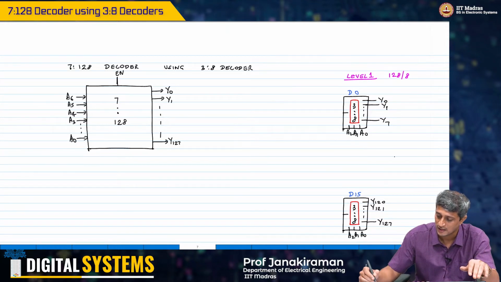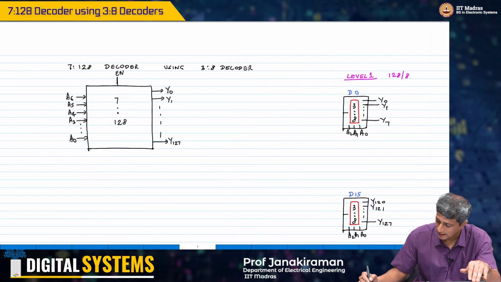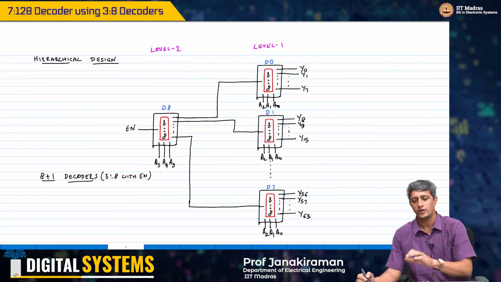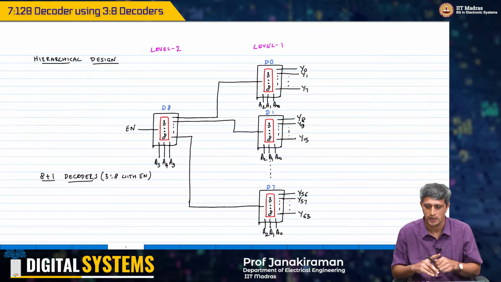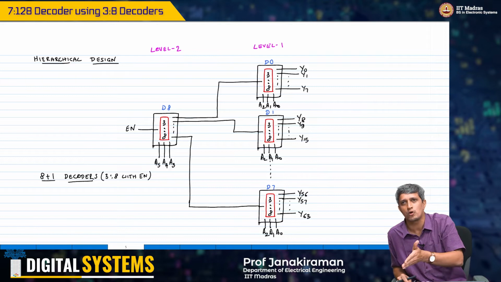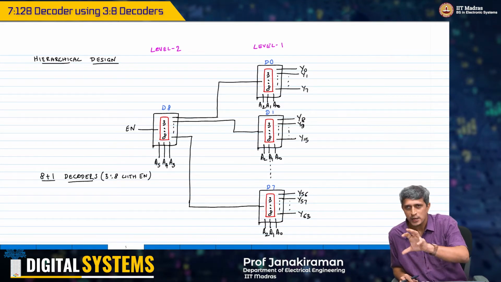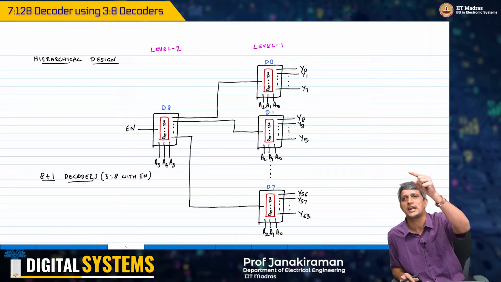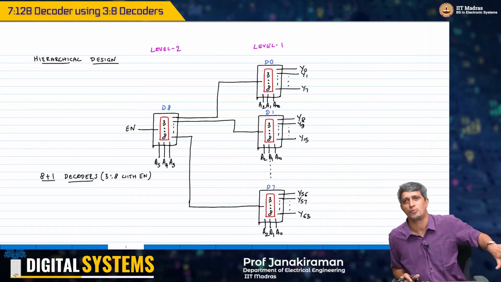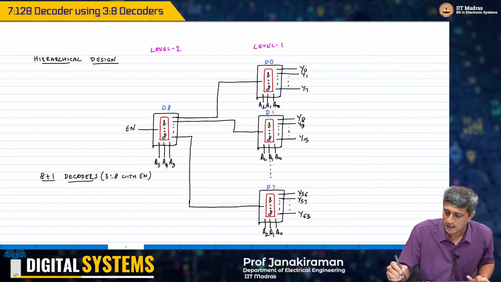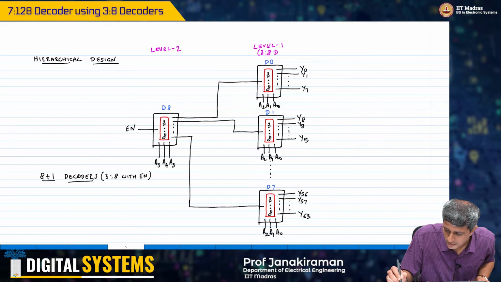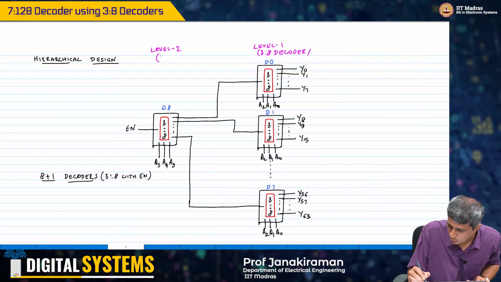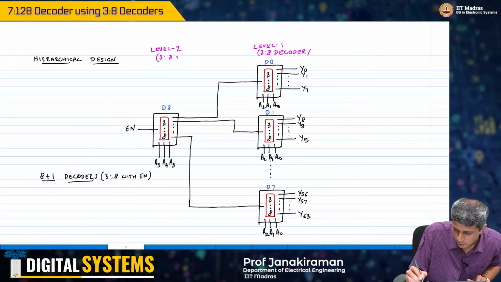If you look at the earlier design, the hierarchical design of a larger decoder with smaller decoders was that you place as many decoders as you need at the output level, and then you need another decoder to enable them one by one depending on the higher order bits. So you had level 1 with a 3:8 decoder, and level 2 was also a 3:8 decoder.